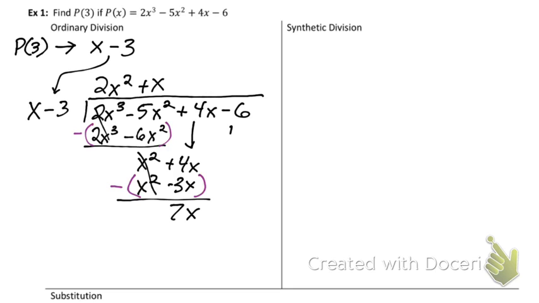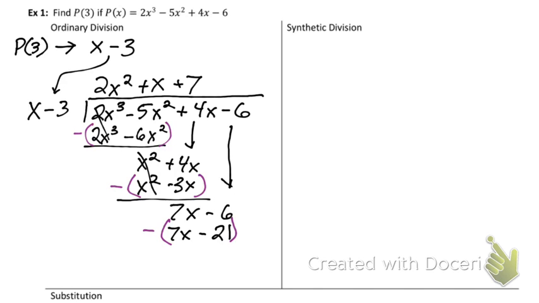All right, the last thing is we have to drop down that negative 6. I look at that x, I look at that 7x, and I say, what do I multiply x by to give me 7x? So we are going to add 7 to this top. 7 times x is 7x. Then we do 7 times negative 3, which is negative 21.